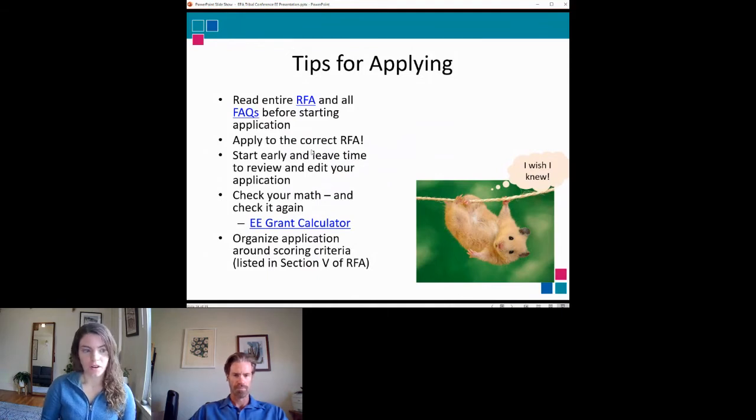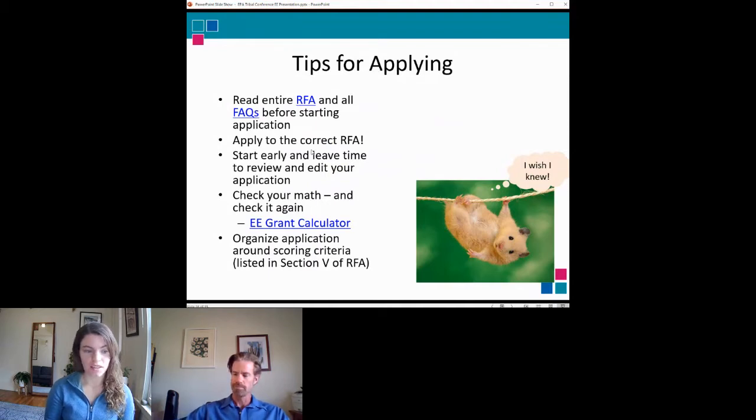Some more tips for applying. Organize a work plan, so what steps you'll be taking during your implementation of your grant, if it's awarded. So lay that plan out in the application. Also demonstrate how your project will benefit one or more underserved communities.